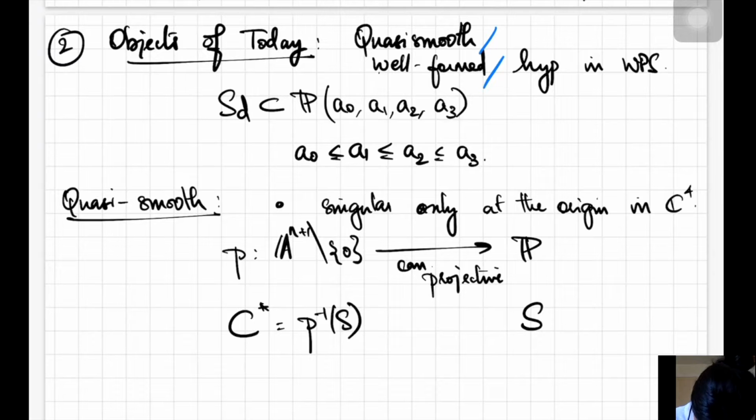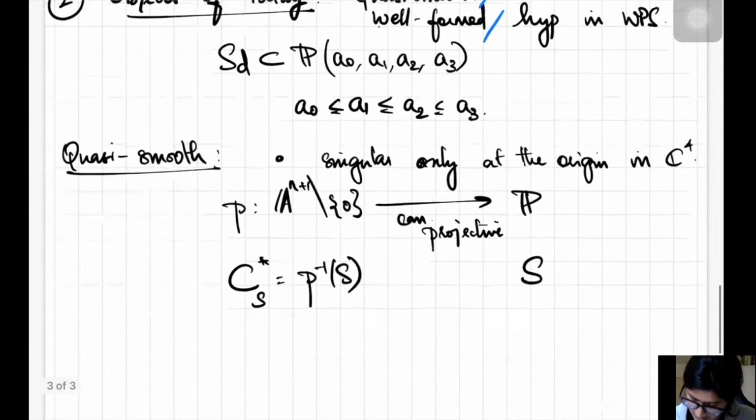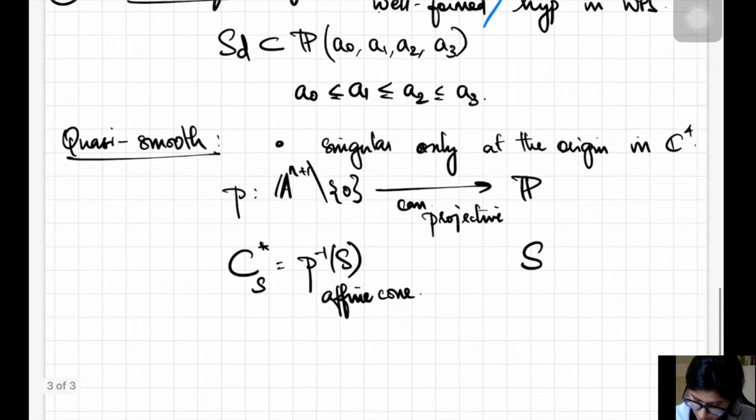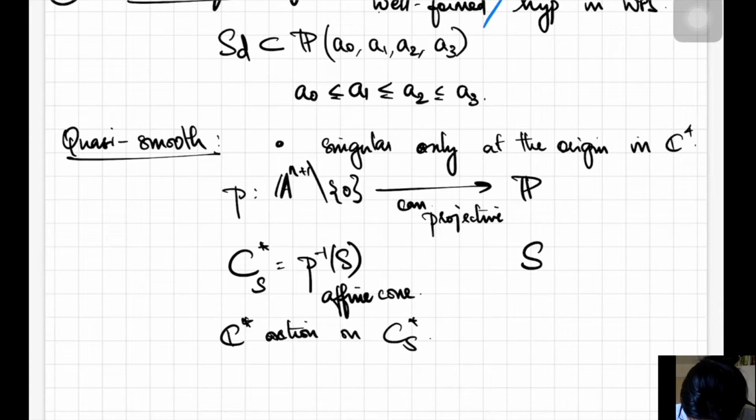It's just a notation, but it's called the affine cone. The way you projectivize this is there is a C star action on your affine cone.